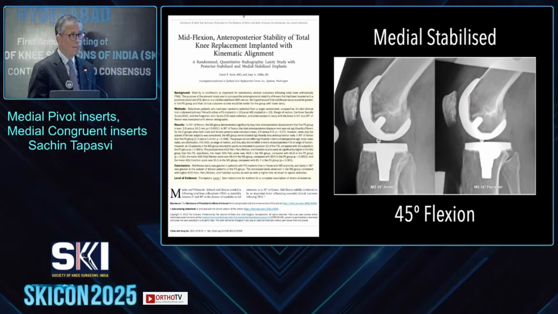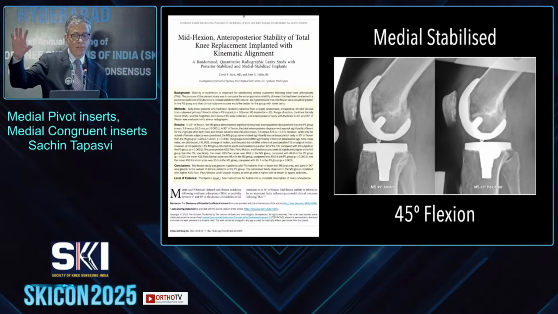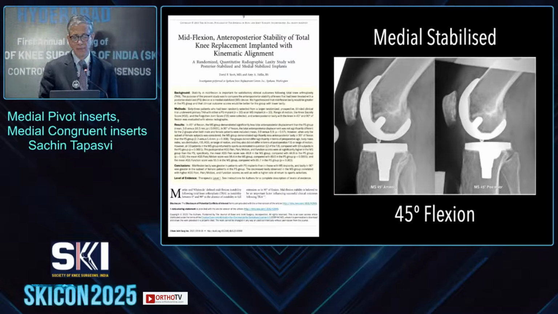Is it important? Well, let's look at this study which was published in JBJS, where they looked at anterior posterior and mid-flexion stability and compared the highest aspect on your primary bearing, which is the PS versus the medial stabilized.